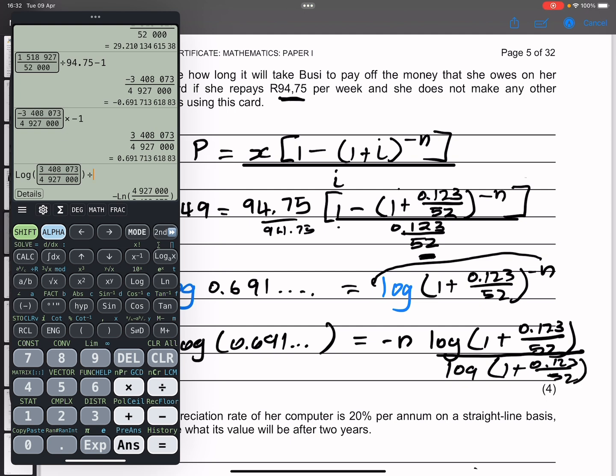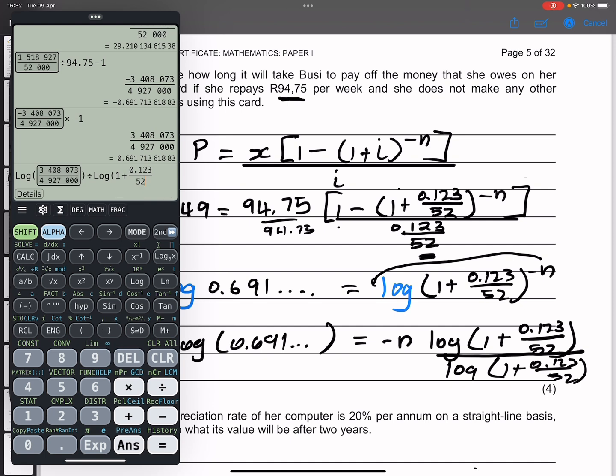Divided by the log of 1 plus my fraction, that's 0.123 over 52.